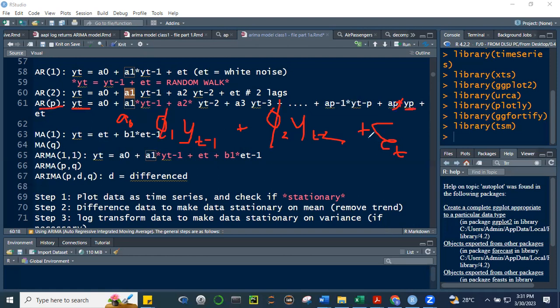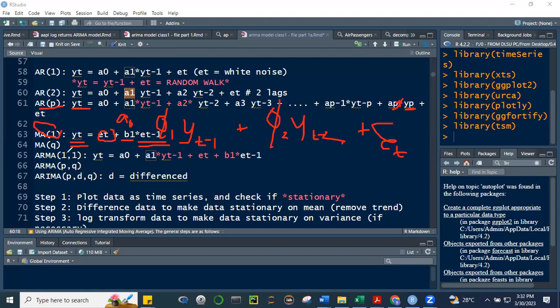Okay, how about an MA process? On the other hand, a moving average process of lag 1 is a model of your time series where you're using past error terms. So this is epsilon sub t minus 1 times b1, plus the epsilon at time t.